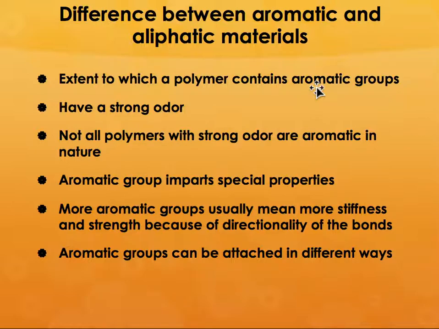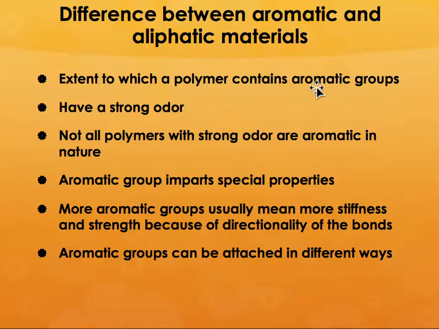In many thermoset materials, you have different ingredients, and you have both aromatic and aliphatic chains in this material. You may not exactly understand the chemistry behind the process, but what you need to understand is that aliphatic chains are usually weaker than aromatic chains.